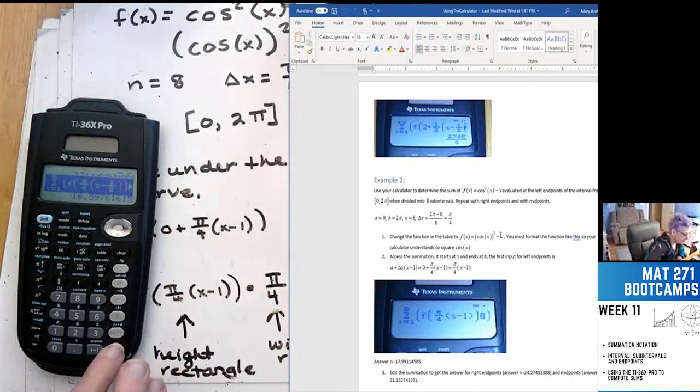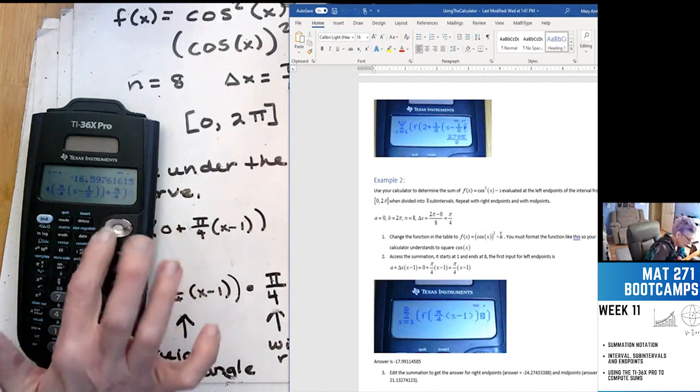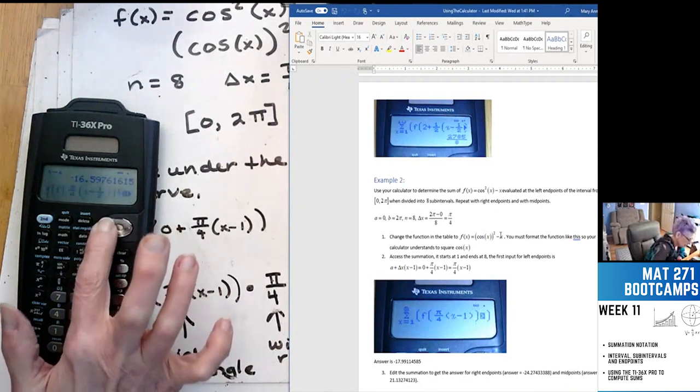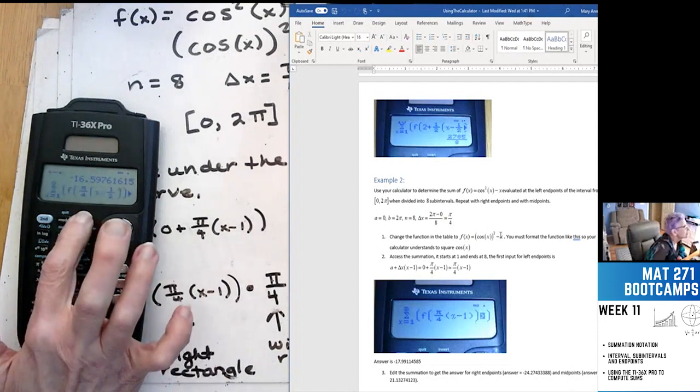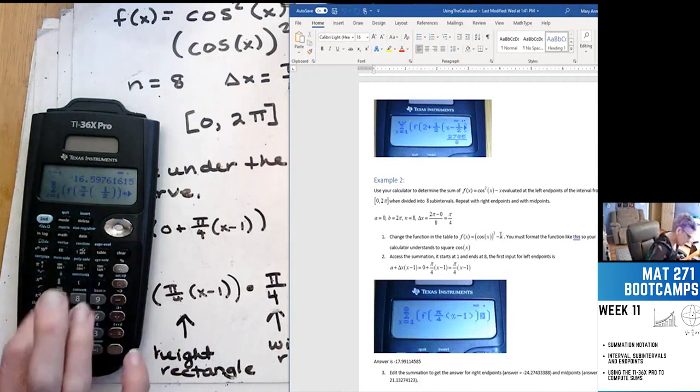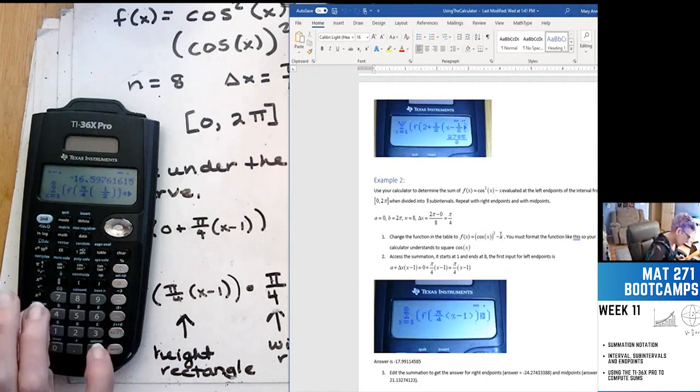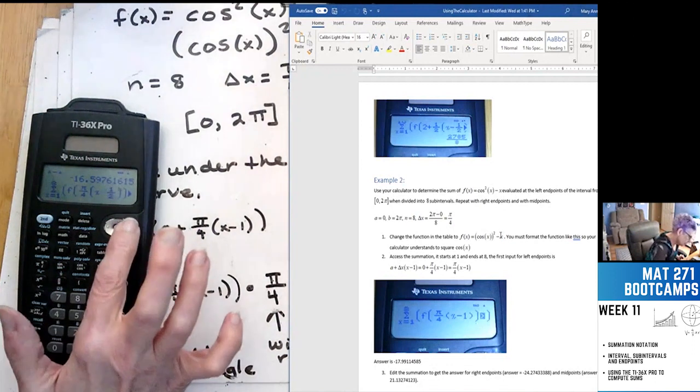You can go up. I'm just going to delete. Oops, it deleted the wrong direction, so I need my x back.